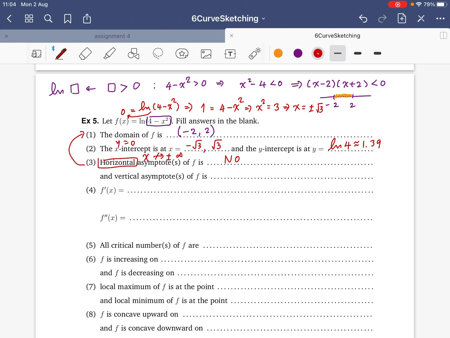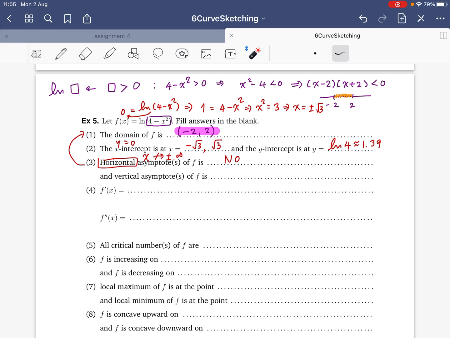However, for vertical asymptote, we are going to need to find at which number of x inside this interval your function goes to either positive or negative infinity. So actually it will involve the endpoints of this interval. Why is that?